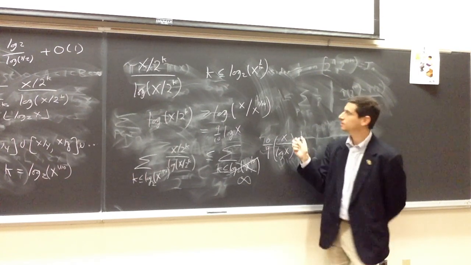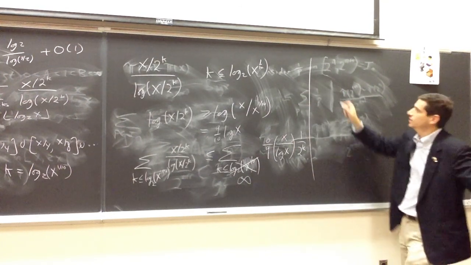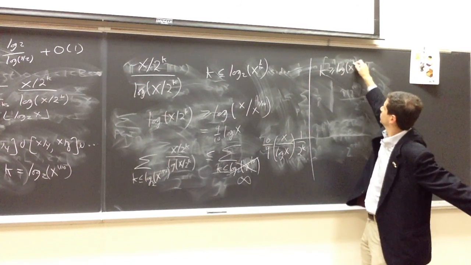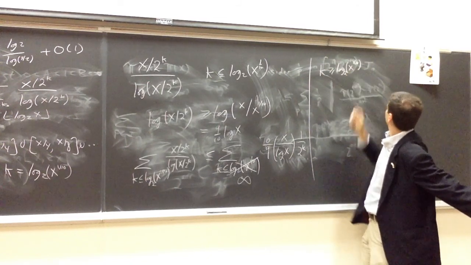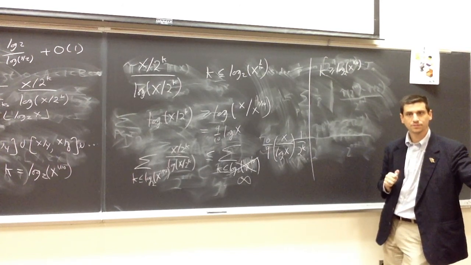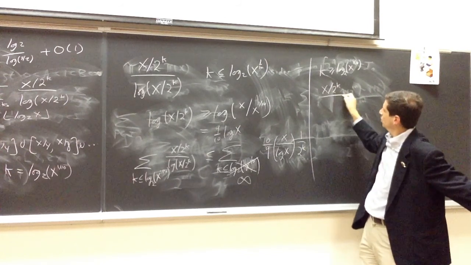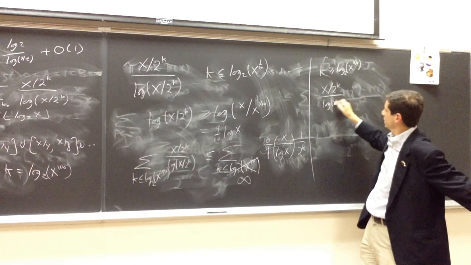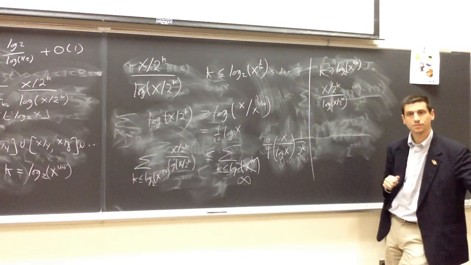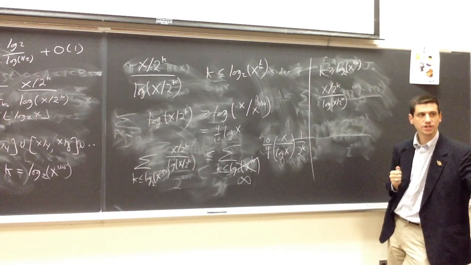Now we need to look at the larger values of k. So now we want k greater than or equal to the log of x to the 1/10. What do you think is going to happen in that range? So now we have x over 2 to the k over the log of x over 2 to the k. There's lots of ways you can do the estimation here.